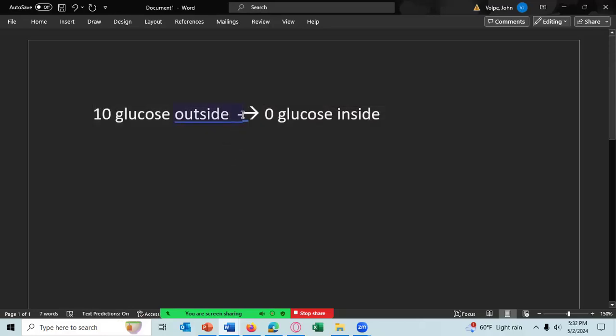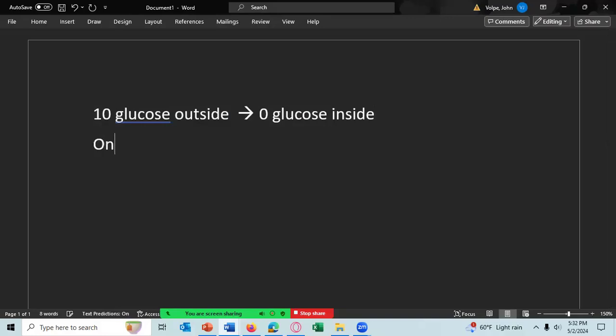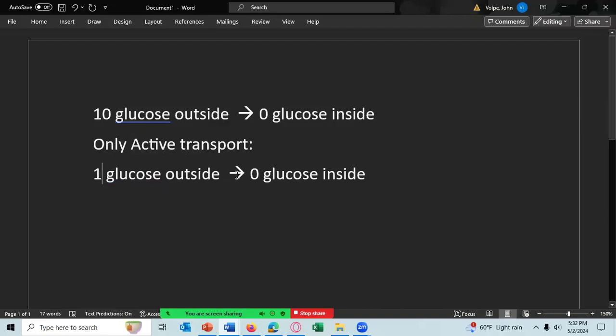All right, if we only had active transport, let me just copy this. If we only had active transport, you would have, let's say, one glucose outside the cell now and 9 glucose inside the cell.